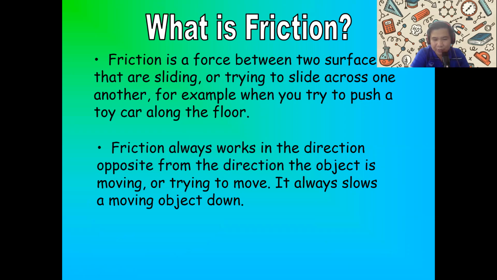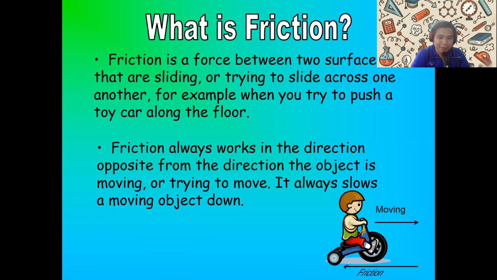It always slows a moving object down. That is important to remember because when a car is moving, the friction will try to slow it down. That is the purpose of friction, class. It simply stops or slows down the movement of an object.